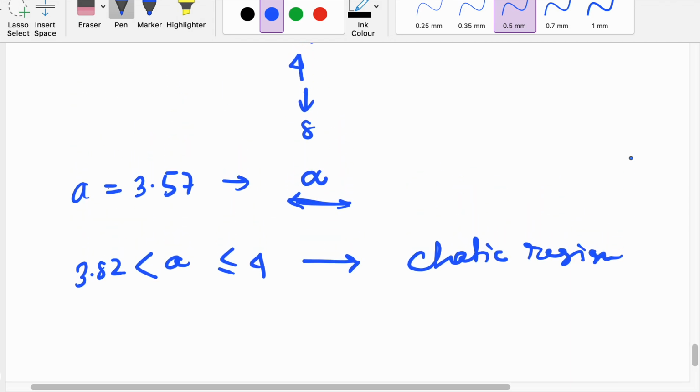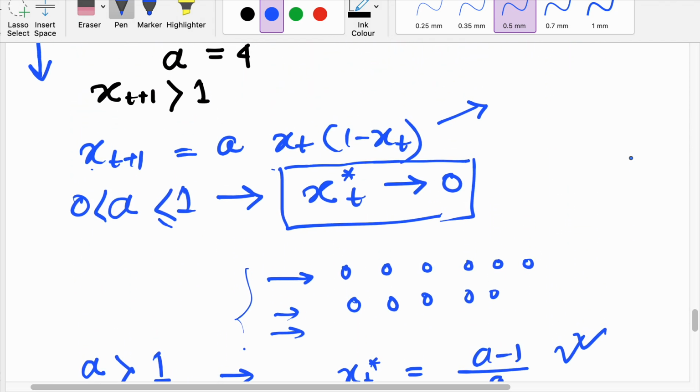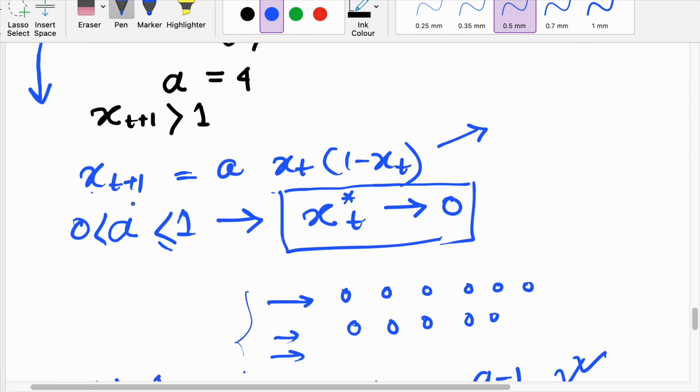So in short, you will find all these things, because this is a very famous equation in mathematics. By studying this equation, many scientists and mathematicians spent a lot of their time studying only this equation.